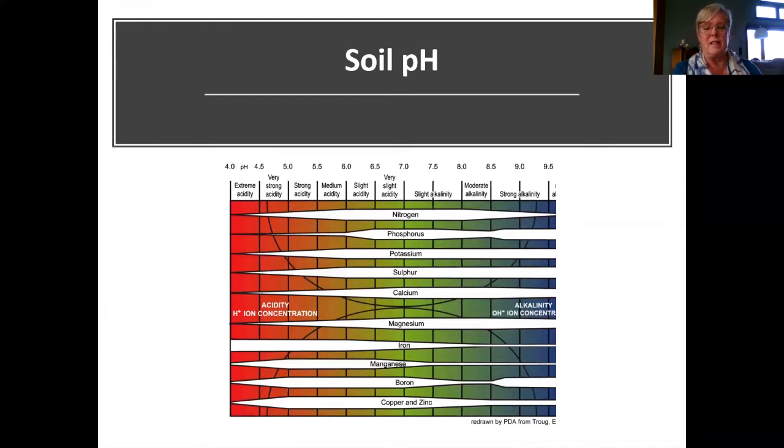With nutrients, there's a range in which they are made very available to plants. Outside those ranges, either to the too-acid side or the too-alkaline side, those start to get bound up chemically and just cannot be exchanged across the root zones, the root barriers.